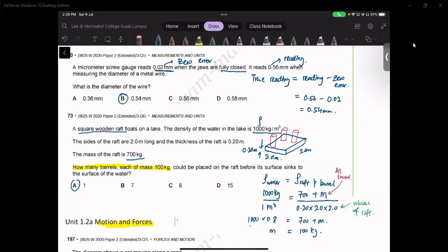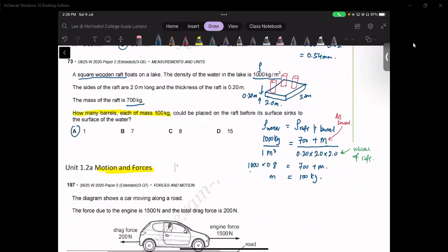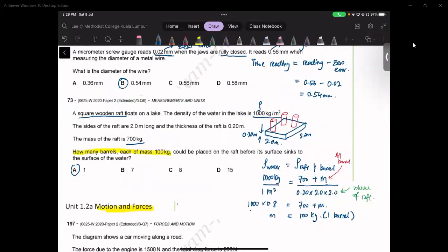Very weird, right? So this one is 1 barrel. Either way, you want the density of the raft and the density of the water to be the same.